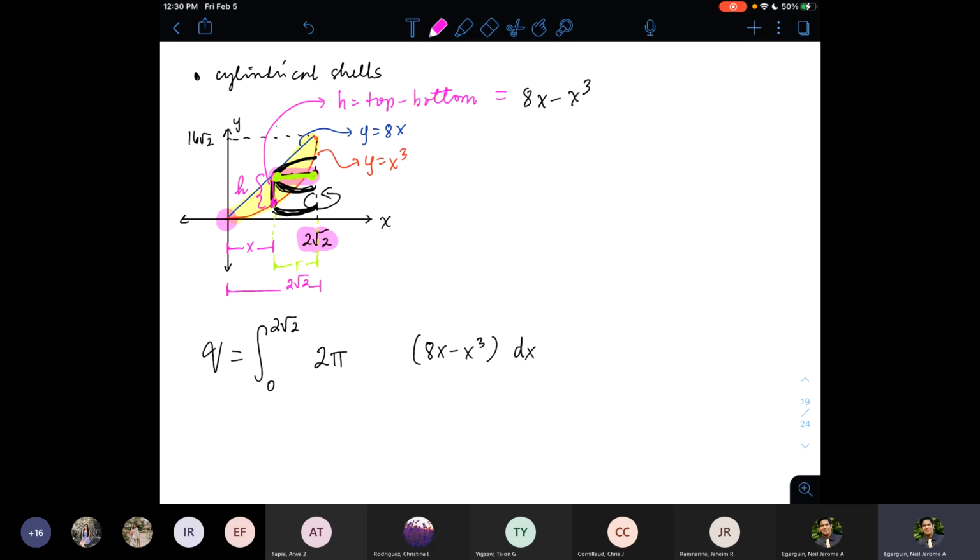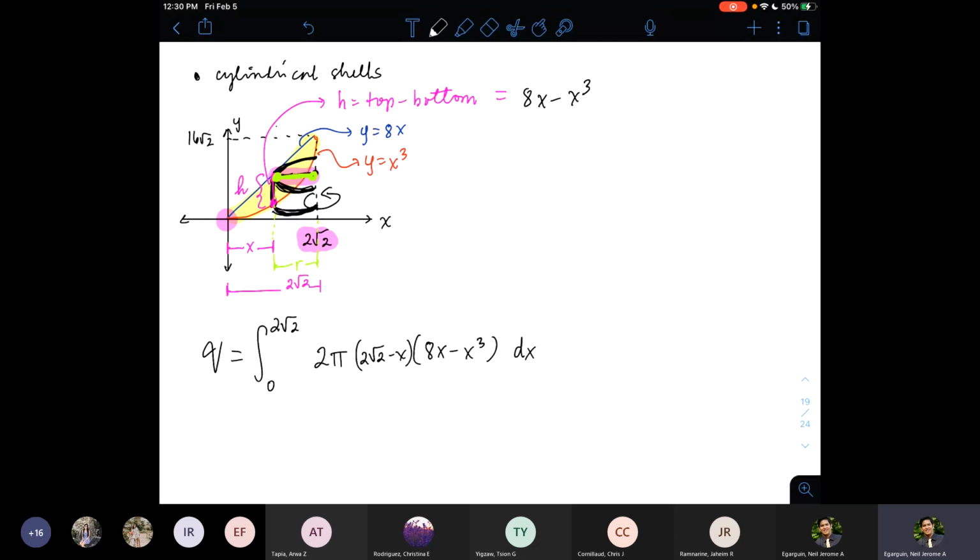So based on this figure, what's the radius? I hope you guys can visualize it. Jocelyn, you want to adjust your answer? Uh-huh. Christina, you're correct. So that's going to be 2 root 2 minus x.